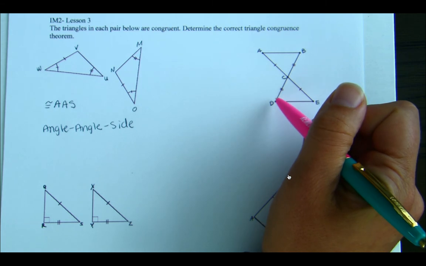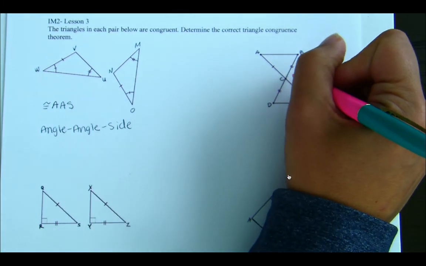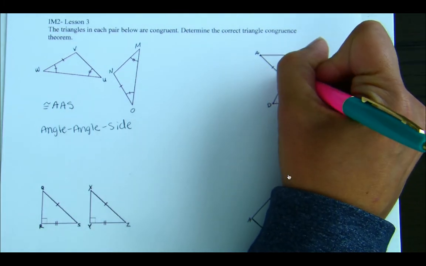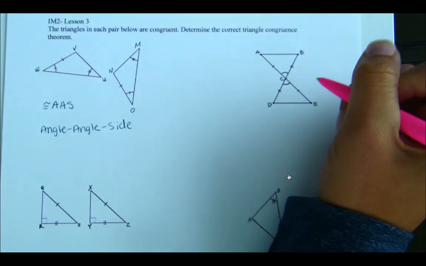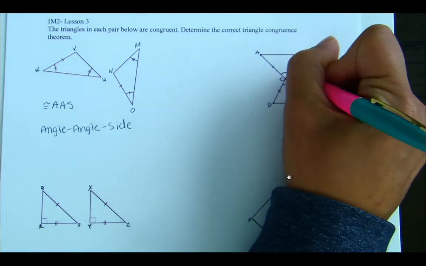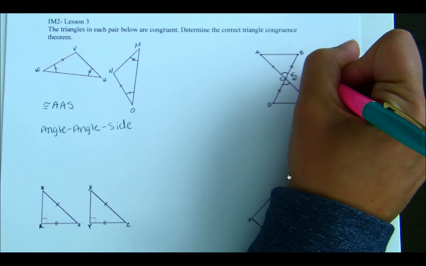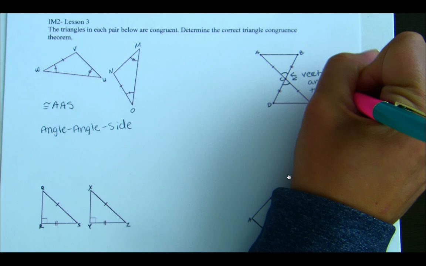Now I need to use one of my angle theorems to help me figure out the last piece. So notice that this is a bow tie, but it's kind of flipped. It means that this angle is congruent to this angle, and that is called our vertical angle theorem. So I know that I have this angle in here because of vertical angle theorem.